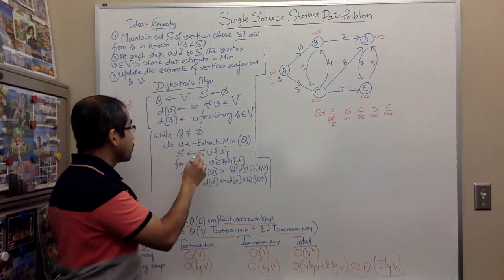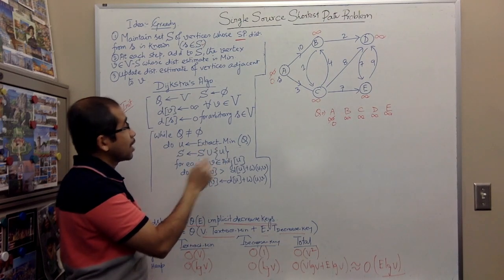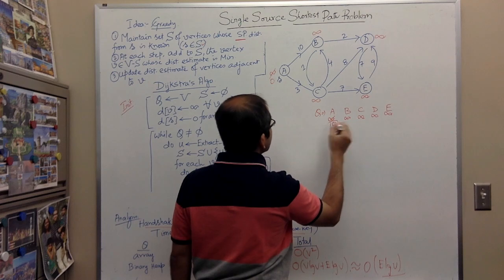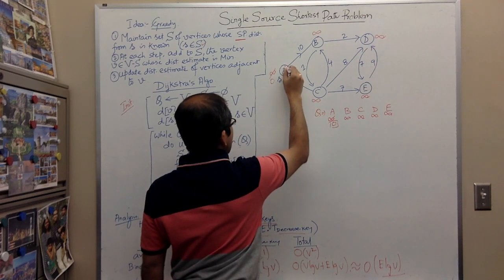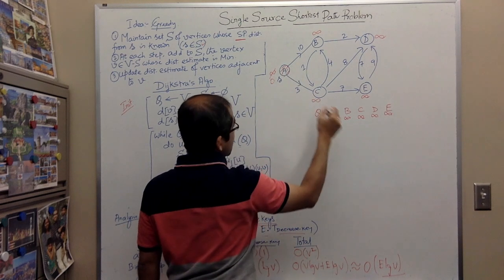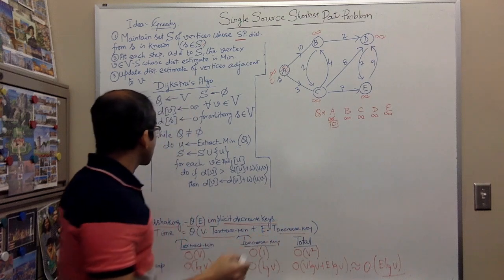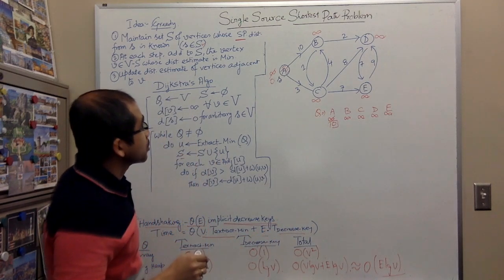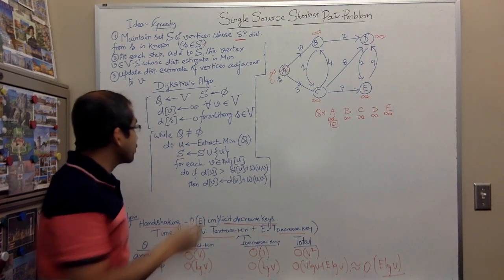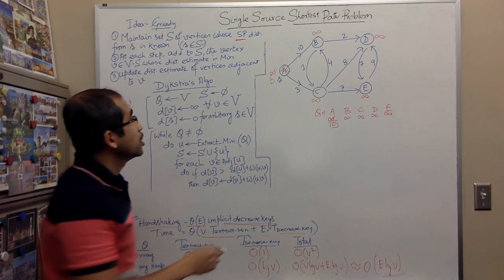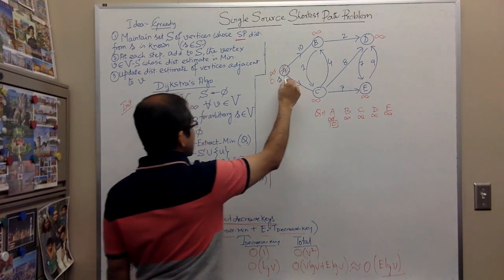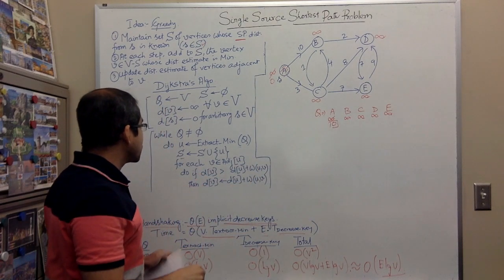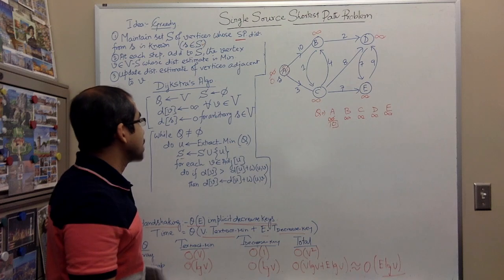While Q is not empty, extract the minimum from the priority queue. The minimum distance estimate is A, and so we take it out and put this vertex into the set S. Then for each vertex adjacent to u, that means the starting vertex, we check if dv is greater than du plus w(u,v).